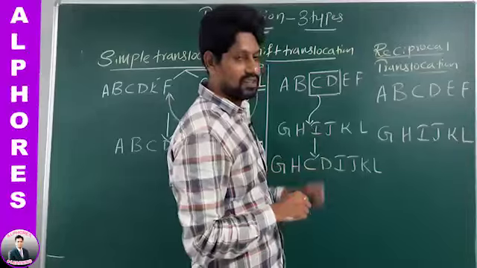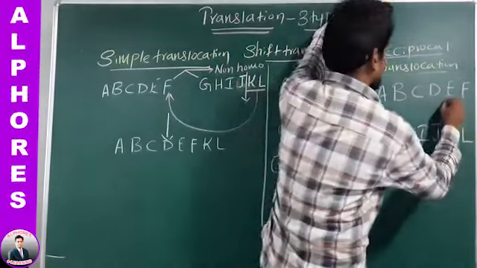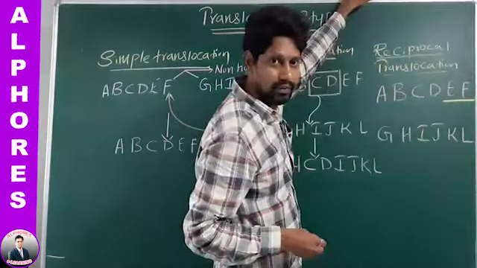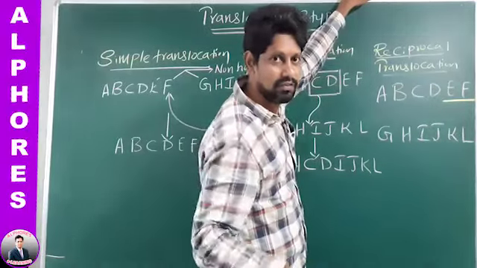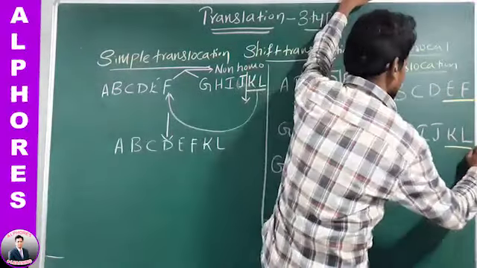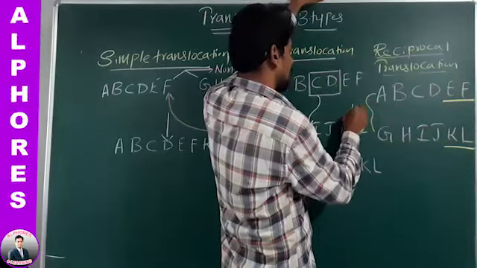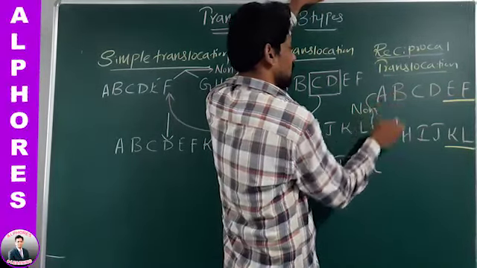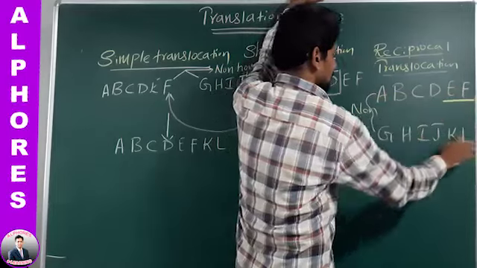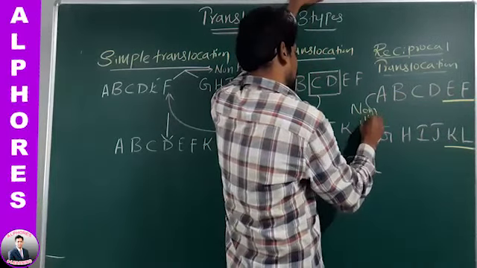Here what happens? See carefully, a segment of chromosome is lost. Be careful. These two, this and this, are non-homologous chromosomes.